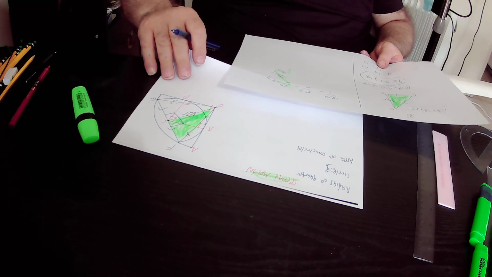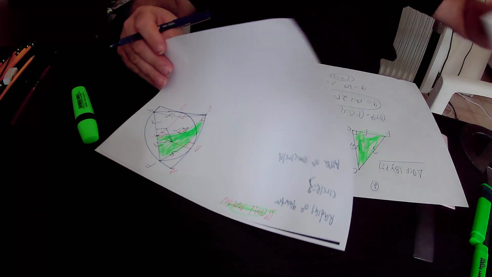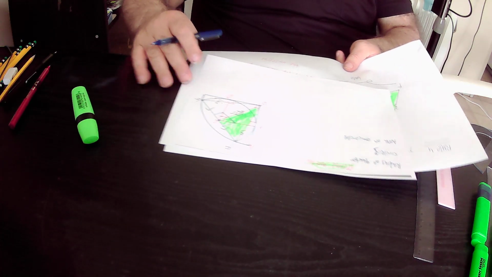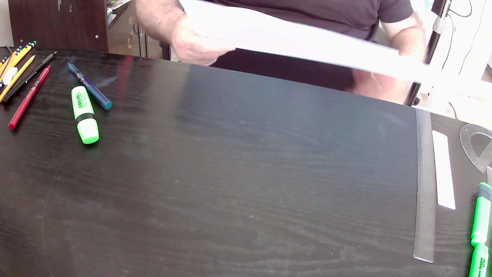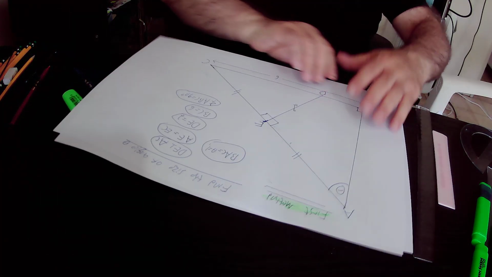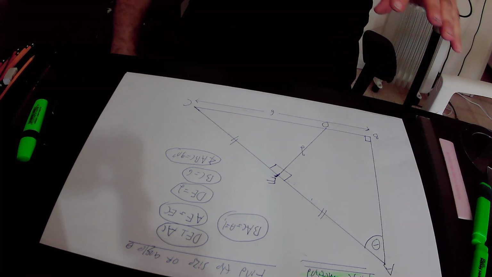In the next step, I will present to you the second question, and we will use two different methods in order to solve it. In the drawing, we have the right triangle ABC.